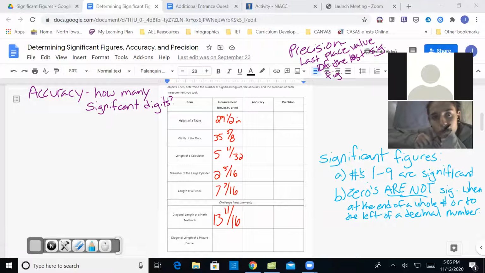If this was 58,000, since that's a whole number, those last 3 zeros do not count. We ignore those, and we have 2 significant figures.